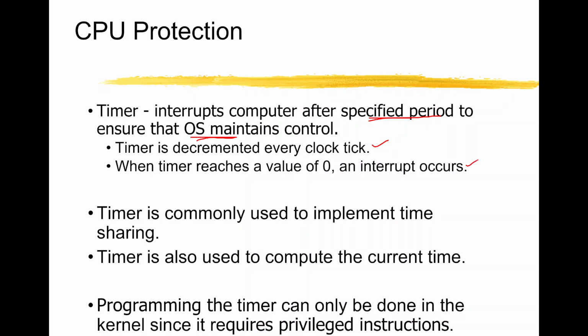So if a process is running and has access to the CPU, the timer will be set immediately. The operating system automatically sets a timer on the CPU and says, look, you're going to run this process for, let's say, 10 milliseconds. After 10 milliseconds, that process will automatically be pulled out.